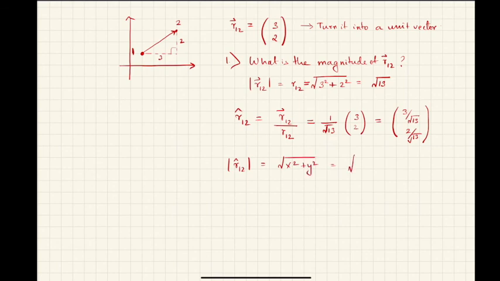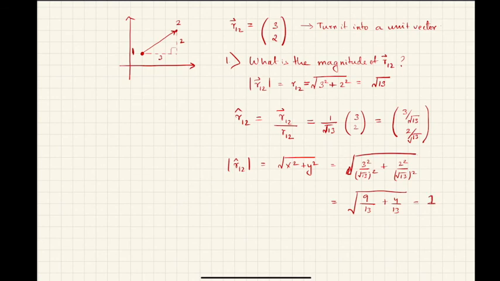Which is 3 squared by square root 13 squared plus 2 squared by square root 13 squared, okay, which is 9 by 13 plus 4 by 13, which you can test and see is just 1.